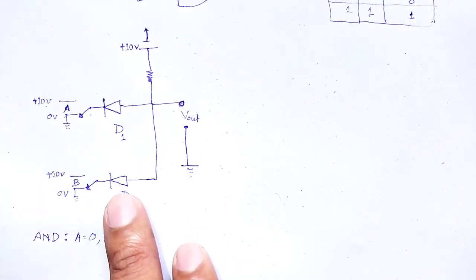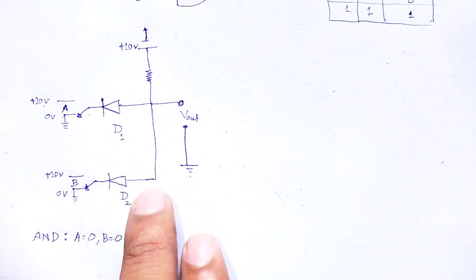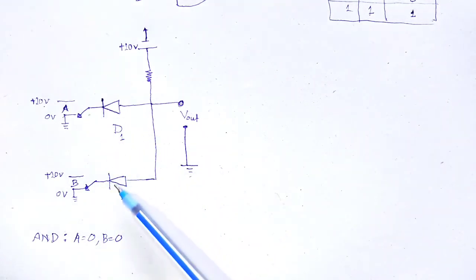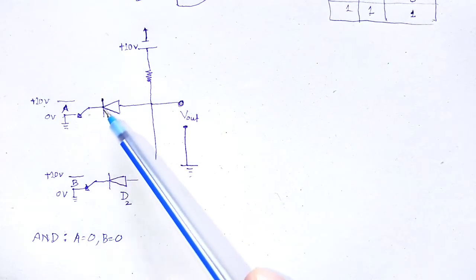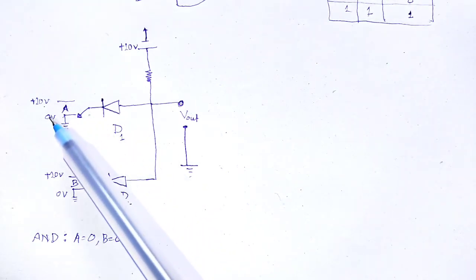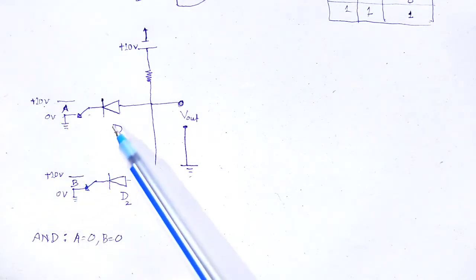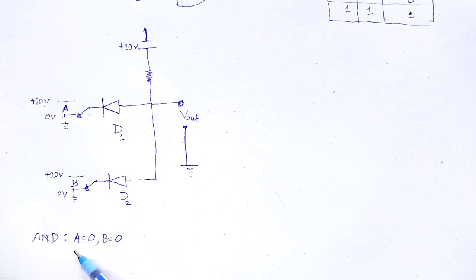When 0 volt is applied as inputs at the cathodes of these diodes D1 and D2, both the inputs are at 0 level. We label the two inputs as A is equal to 0 and B is equal to 0.